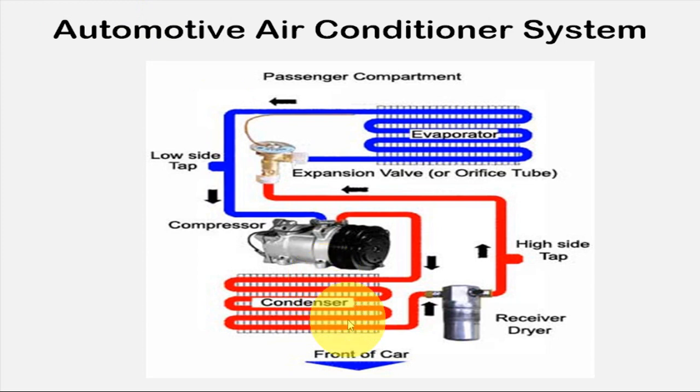The heat of the refrigerant will be shared with this air coming from the front. So the heat of the refrigerant will be absorbed by the air coming from the front, so that the refrigerant will lose the heat to the air, and the refrigerant will convert into liquid form.